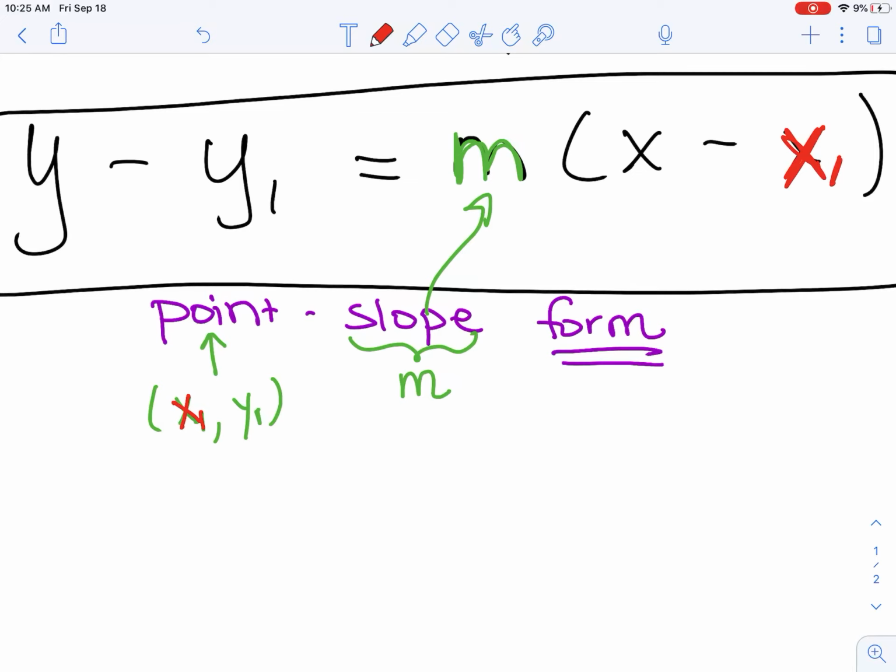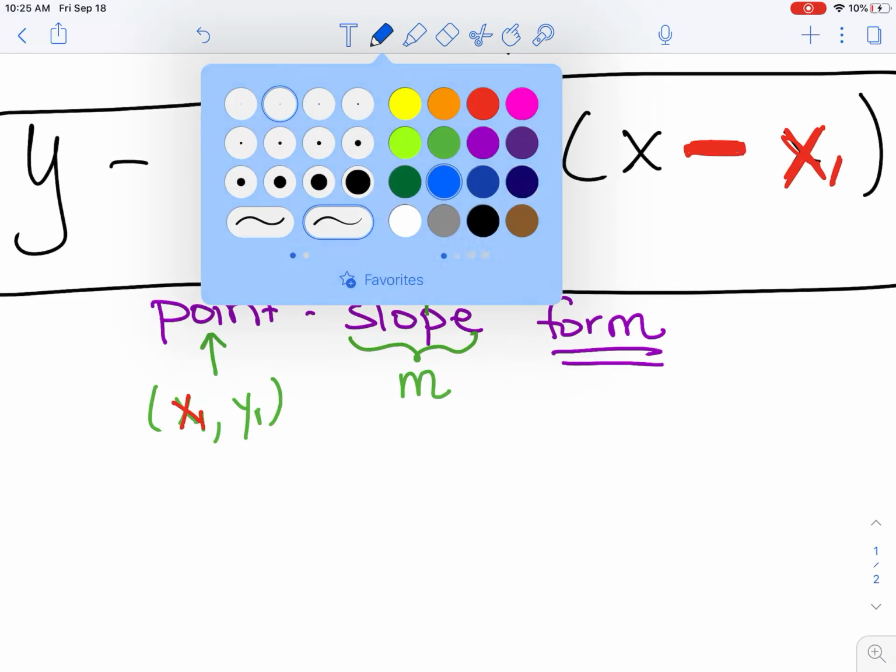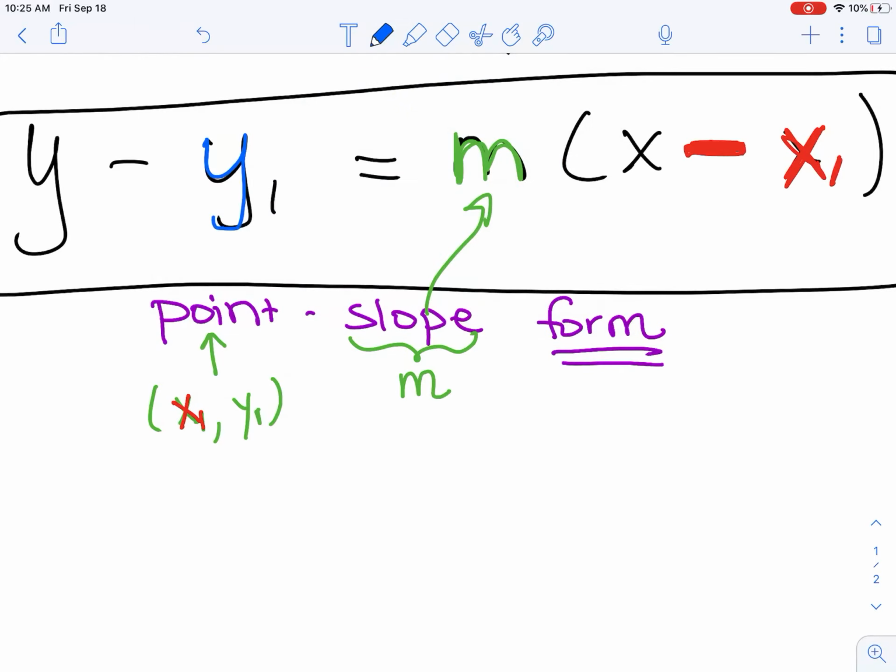It'll be a number. Keep in mind, it's after the negative. So whatever value we see inside the parentheses, remember, you have to think of the opposite because it's a negative. And then for the y value of the point, y1 is right here. And again, it's after the minus. So whatever we see there, we're going to take the opposite. And that is point slope form.